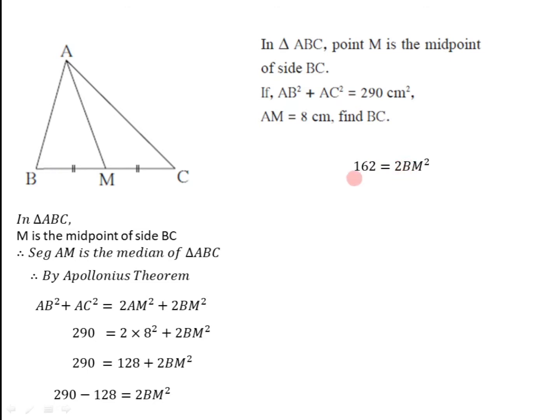Again, if we take 2 to the left hand side, it will be in the denominator. This 162 divided by 2 is equal to BM square. If we divide 162 by 2, we get 81 is equal to BM square. Now taking square root, we get BM is equal to 9 because square root of 81 is 9. So this is the length of segment BM.